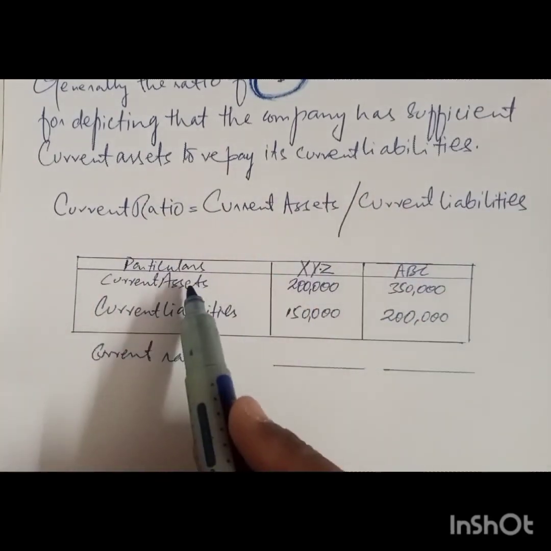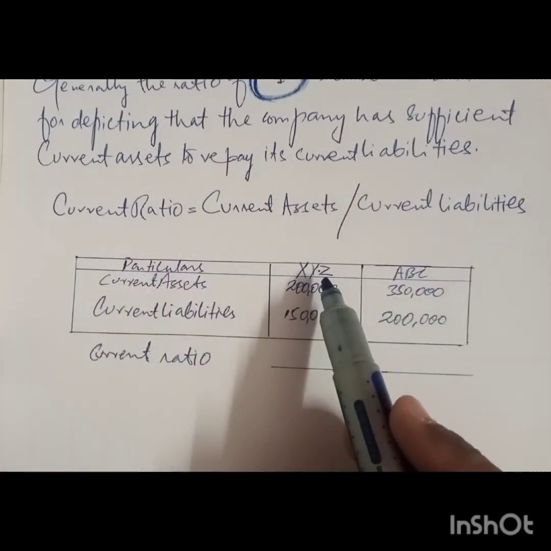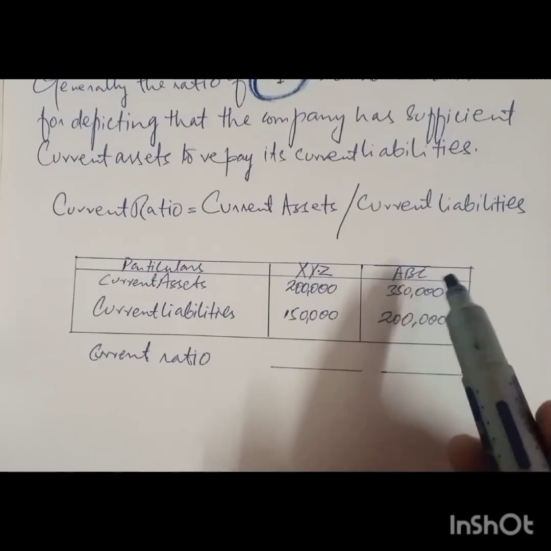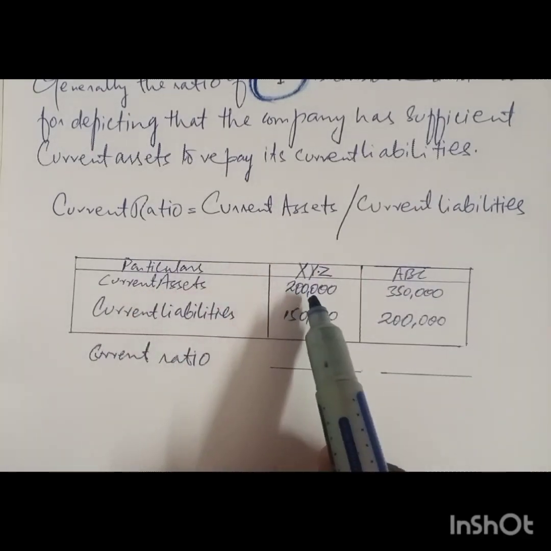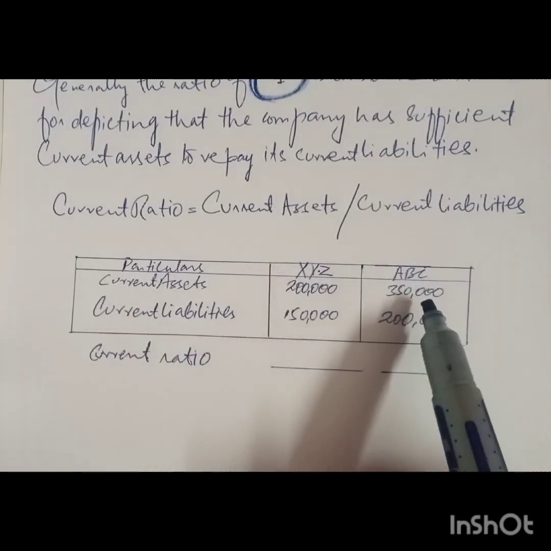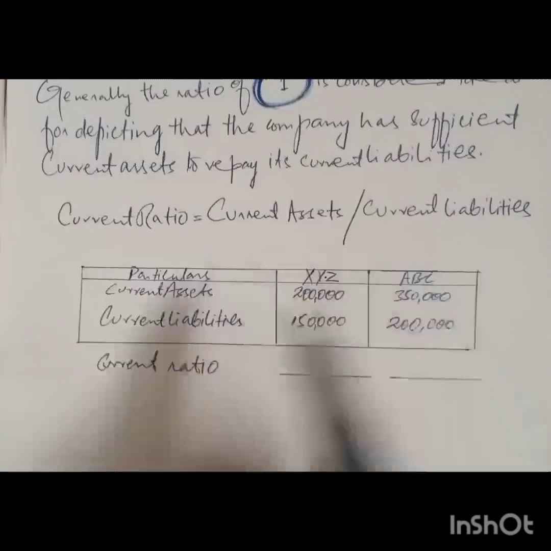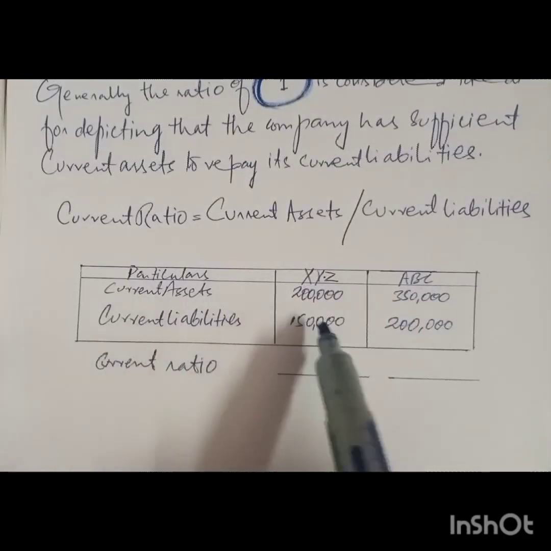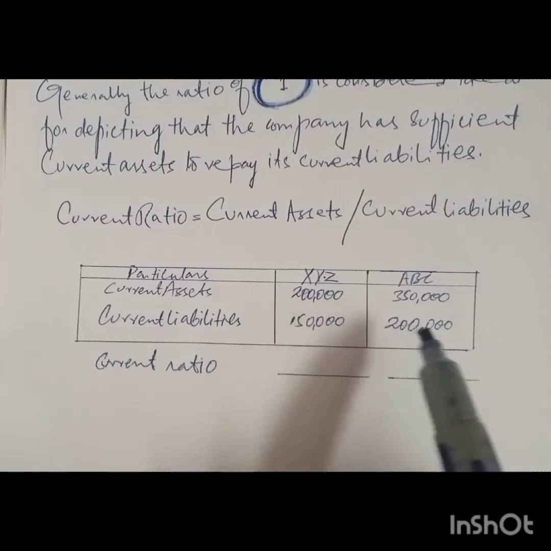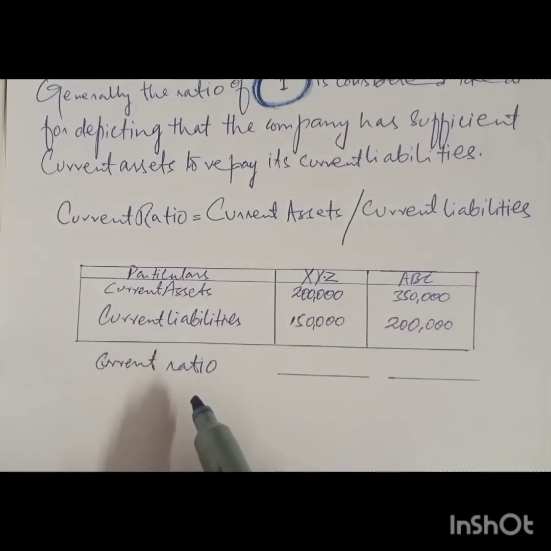For example, there are two companies, XYZ and ABC. So current assets of XYZ is 2 lakh and ABC is 3,50,000, and current liabilities of XYZ is 1,50,000 and ABC is 2 lakh. So what will be the current ratio of these?